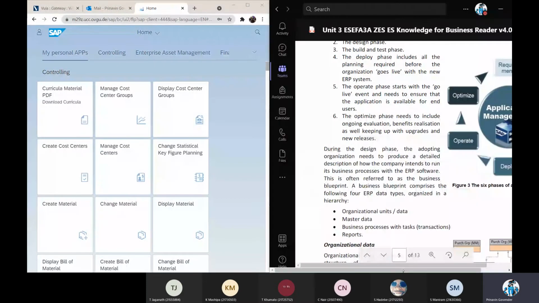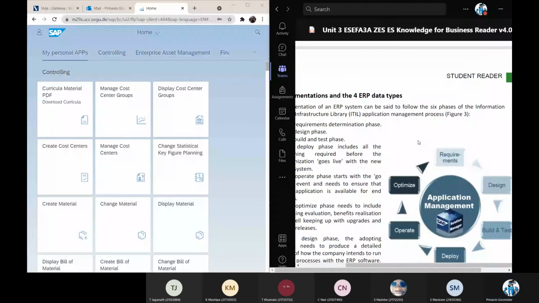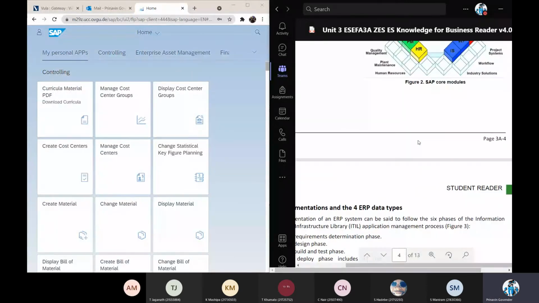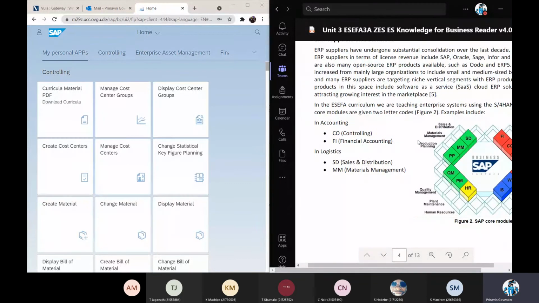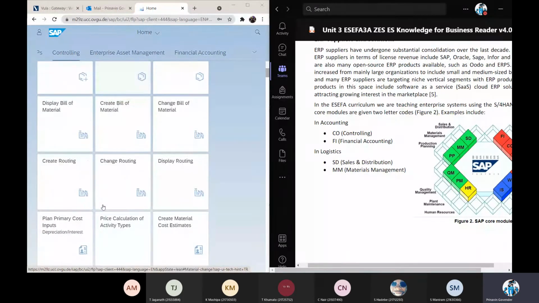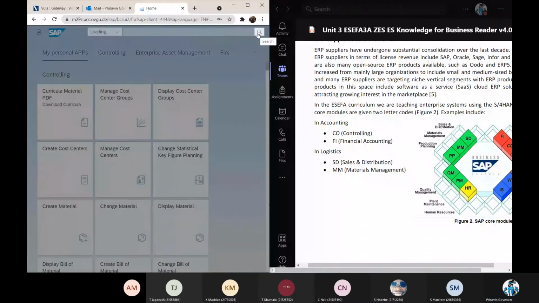So where they talk about, I have something called, let's look for something that's financial accounting, or accounting. Let's look for accounting. It's loading. Oh, it's taking some time.